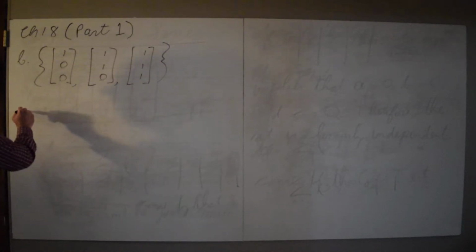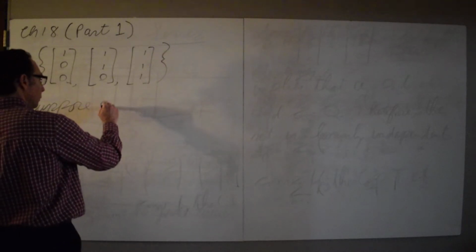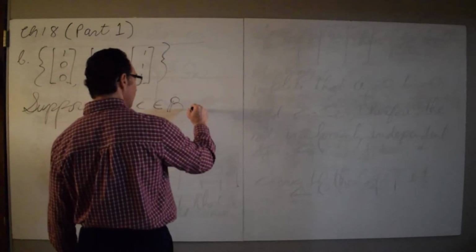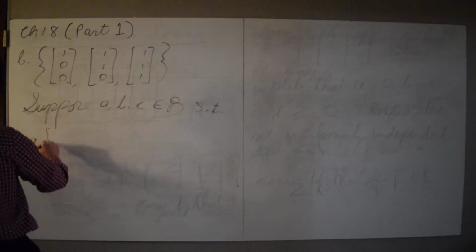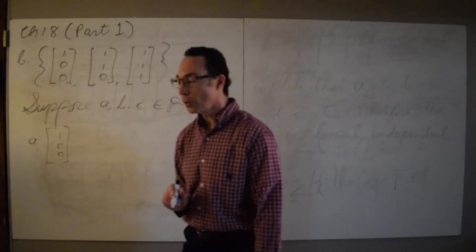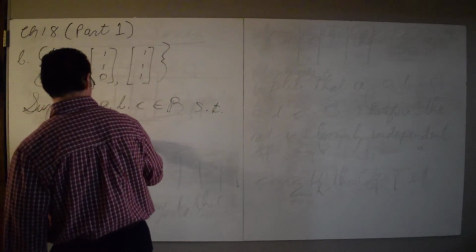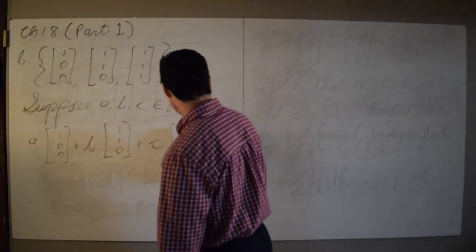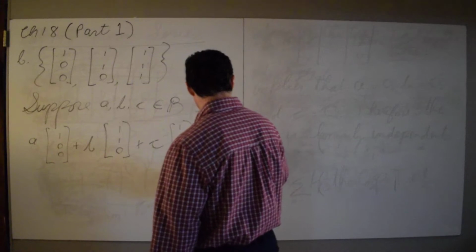So first of all, let's suppose we have A, B, and C in R such that A times the vector 1, 0, 0 plus B times the vector 1, 1, 0 plus C times the vector 1, 1, 1 is the zero vector.